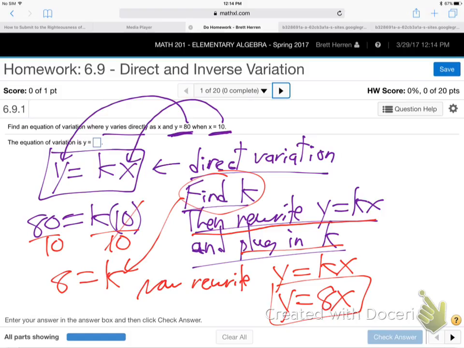So when you see those words, that's how you'll distinguish these word problems from the ones we did last time, which was working together and travel, right? It'll say direct variation. It'll go blah, blah, blah, varies directly. As soon as you see it, you go, oh yeah, y equals kx. Just write y equals kx, plug in, find k. We got it.